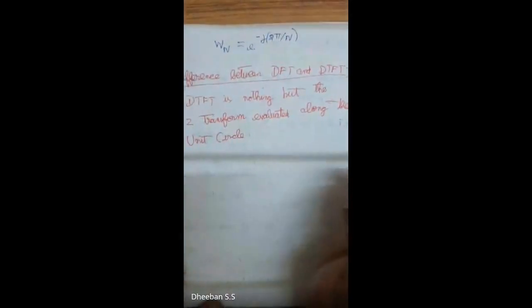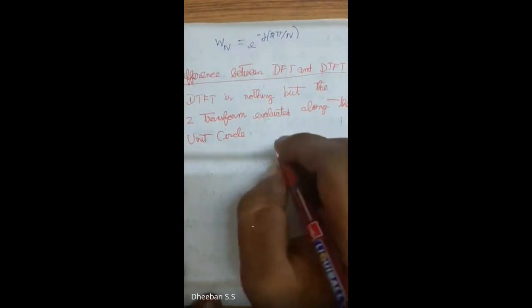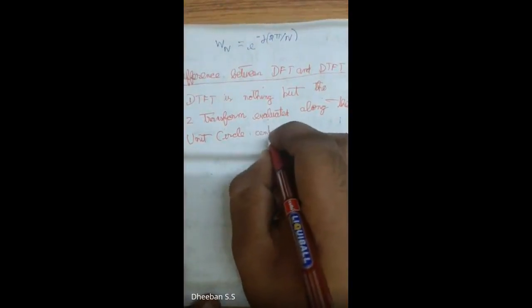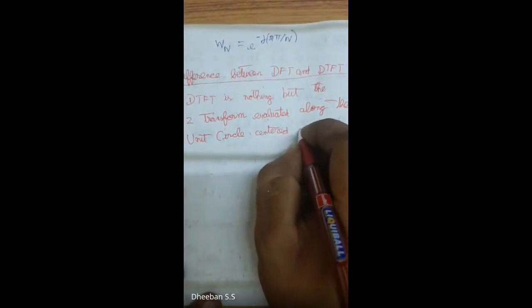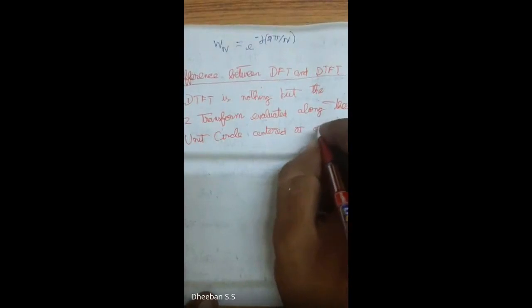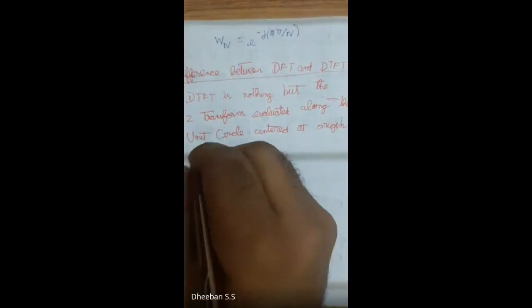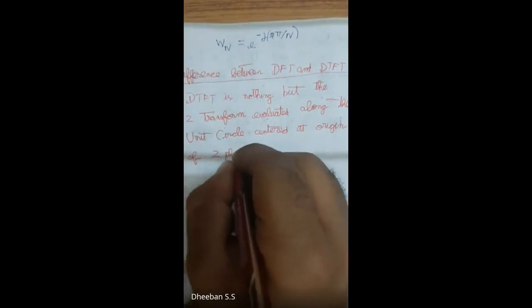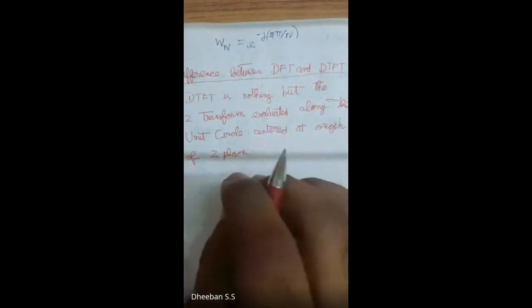It is centered at the origin of the Z plane, where the origin is 0 comma 0. This is what the DTFT is.